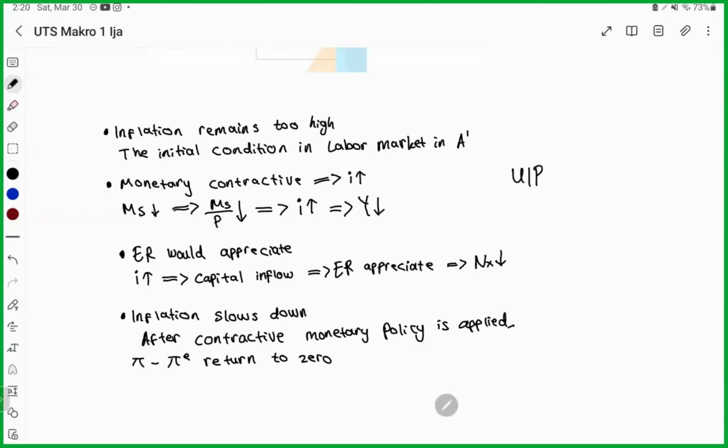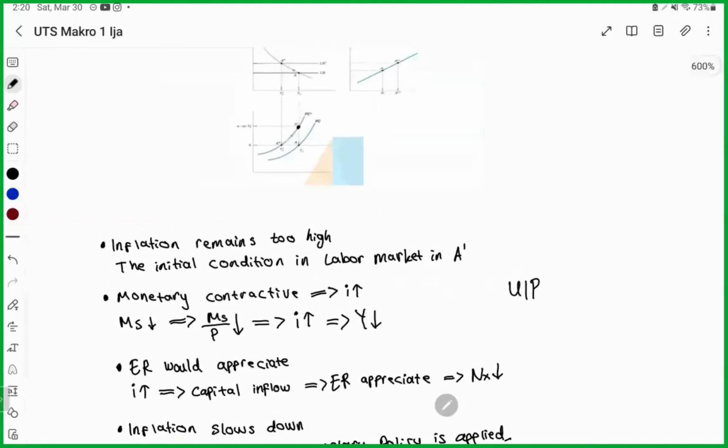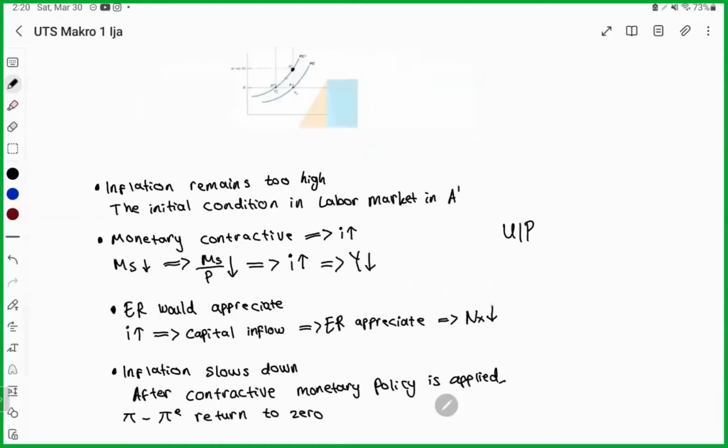And from here, the result is the exchange rate appreciates from this point to this point. The exchange rate appreciation will cause a decrease in NX, which will slow down the Y even further.